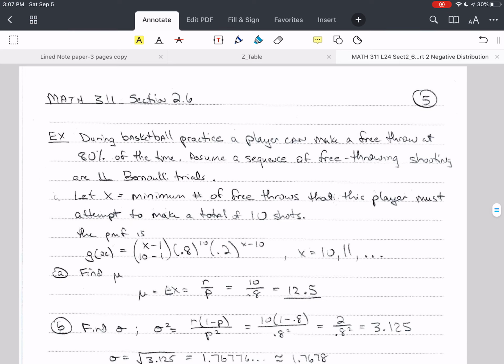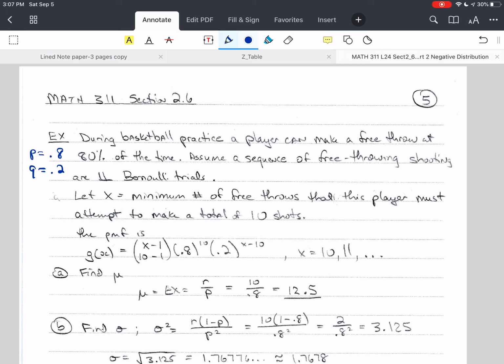So let's say we have a basketball player, and during practice this person can make 80% of their free throws. Okay, so 80% success rate. Right here we're talking that P is equal to 0.8. So that means that Q is equal to 0.2.